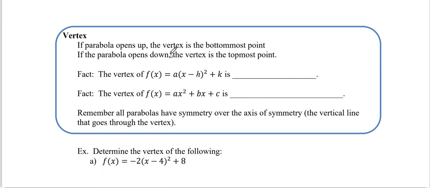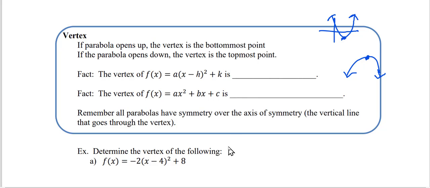The vertex of the parabola is the bottommost point if the parabola opens up, and it is the topmost point if the parabola opens down. So if you have a parabola that opens up like this, we're talking about this point right here. And if it opens this way, we're talking about this point right here. This would be the minimum of the function, and this would be the maximum.